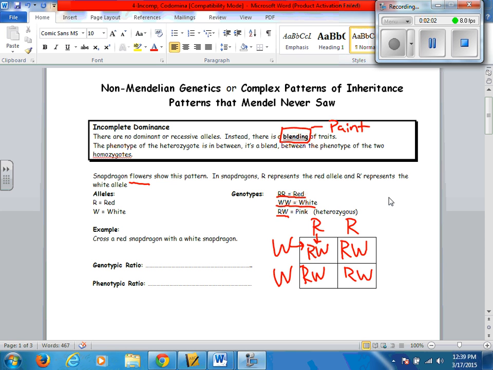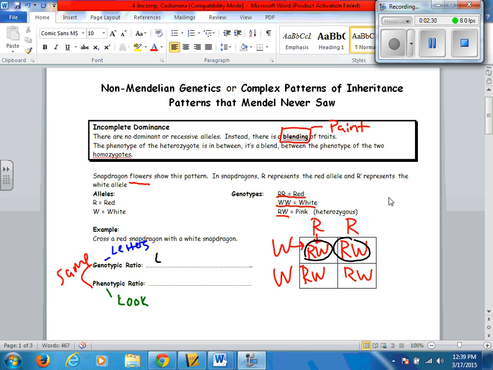So we look at the ratios here, and the ratios in this scenario are always going to be the same. The genotype means the letters, and the phenotype means the physical look. What do you look like? What do you have? So if we have the genotypic ratio, the letter combinations here, all of them are RW.